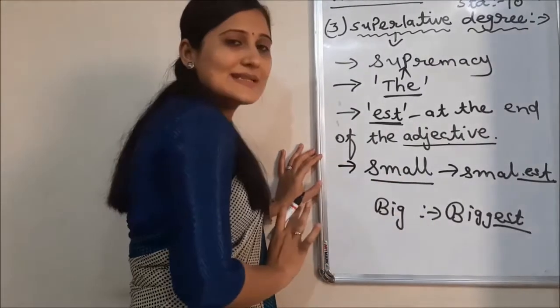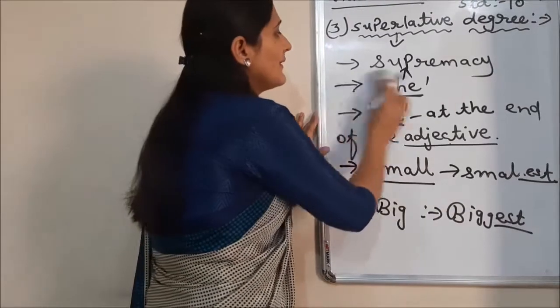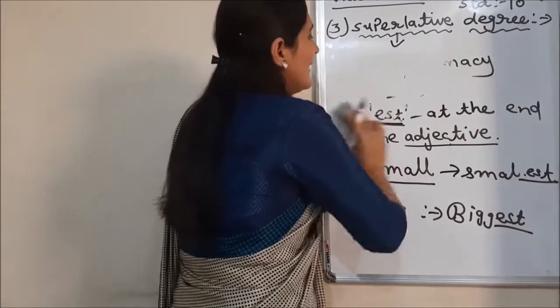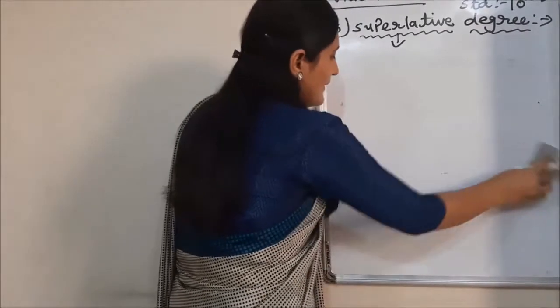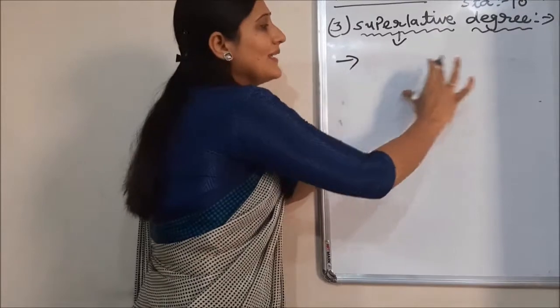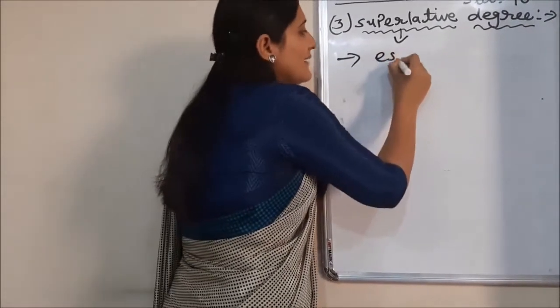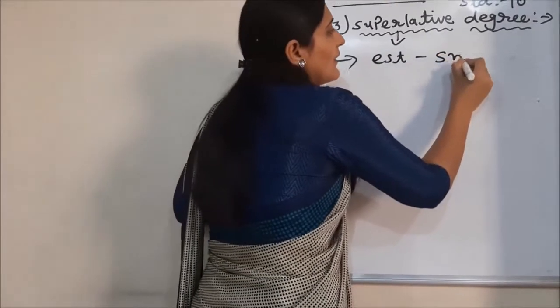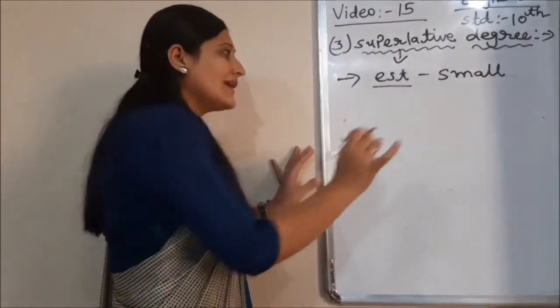For example, this I have given. Now, let me tell you. If the spelling of the adjective is short, you need to write est. If the adjective is small, you need to add est at the end of the adjective.